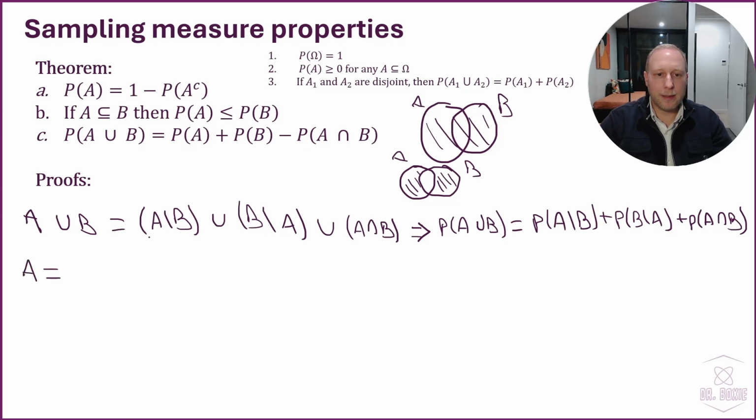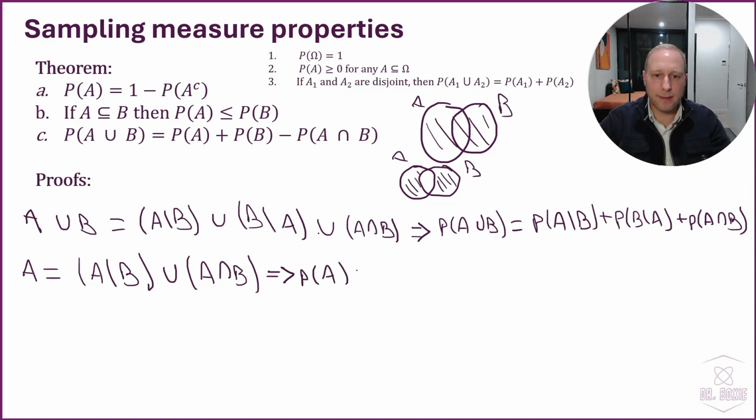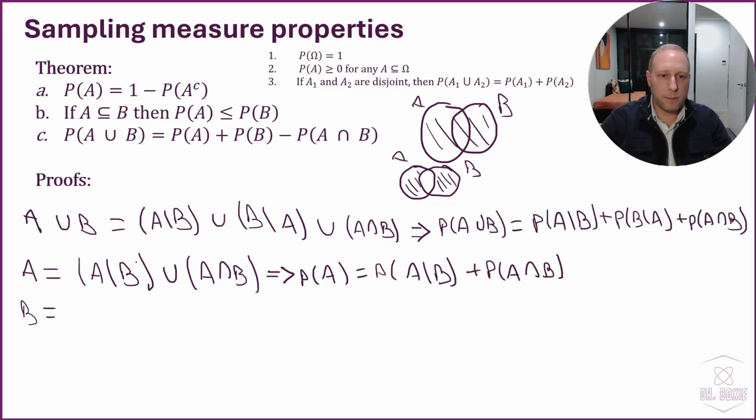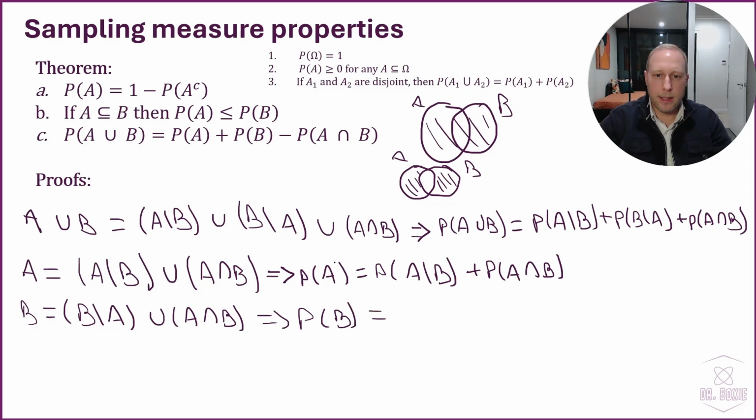The event A can be written as A minus B union the intersection of A and B. Notice again, A minus B is everything that is in A but not in B, and the only part of A that we're missing is the intersection, and those are disjoint again, meaning that P of A can be written as P of A minus B plus P of A intersected with B. And in a similar fashion, we can write B as B minus A union the intersection, and therefore P of B is P of B minus A plus P of A and B.